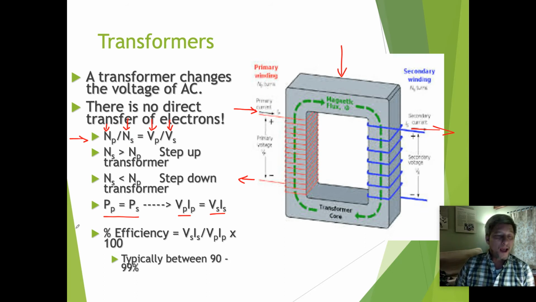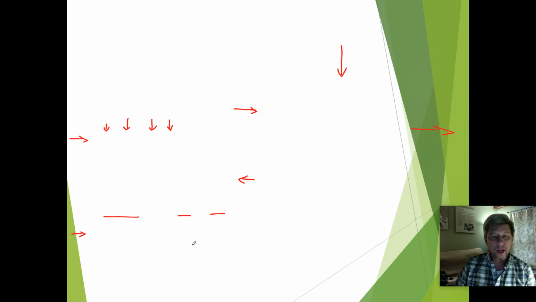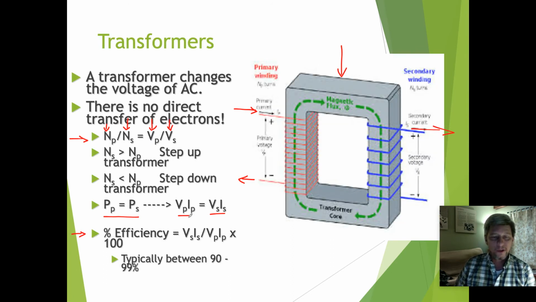Last but not least, the percent efficiency of a transformer is the ratio of the power, the secondary over the primary, times 100. And most transformers will give you somewhere between 90 and 100% efficiency. Never 100%, but damn close. Okay, so that brings us to example number 2.